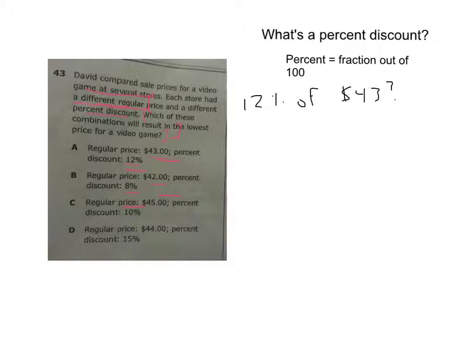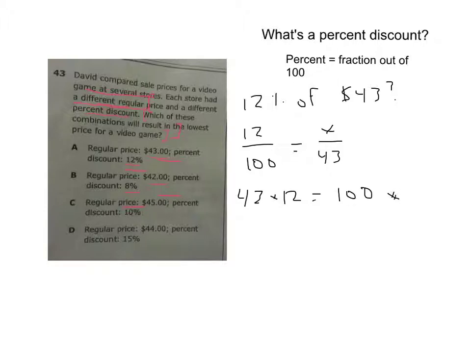And we start by taking that percent and writing it as a fraction. So 12 out of 100 is equal to some amount over 43. And from here we just need to cross multiply. So 43 times 12 equals 100x.